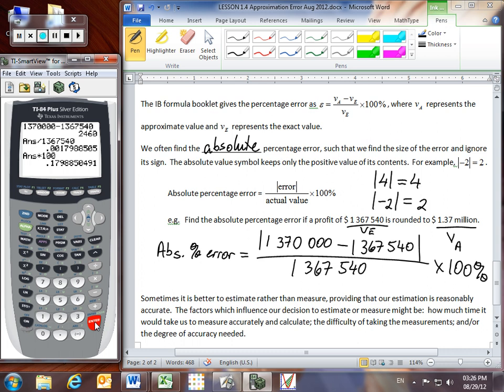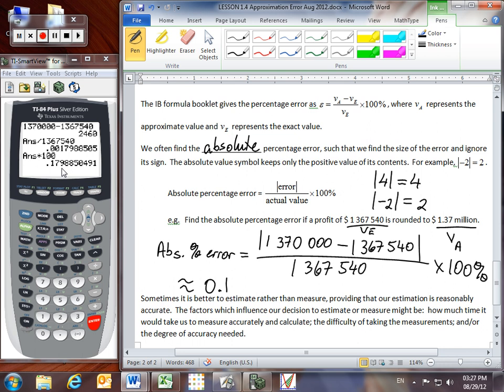Okay, now we always want to round to 3 significant figures. So 0.1, well, let's think about this, 179. That's my third significant figure. So I need to cut off after the 9. Well, my 8 that comes after the cutoff is 5 or greater. And so my 9 is going to round up.